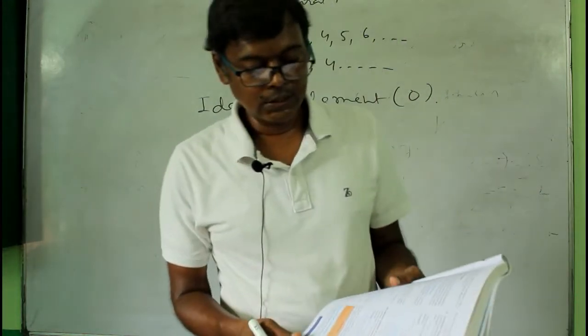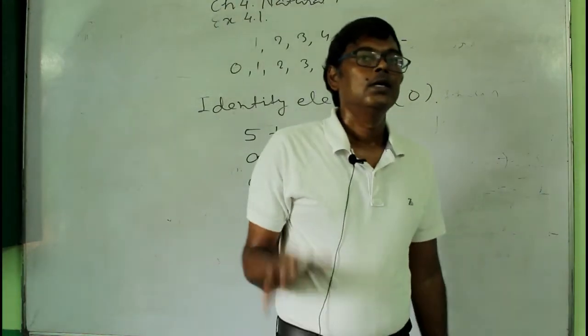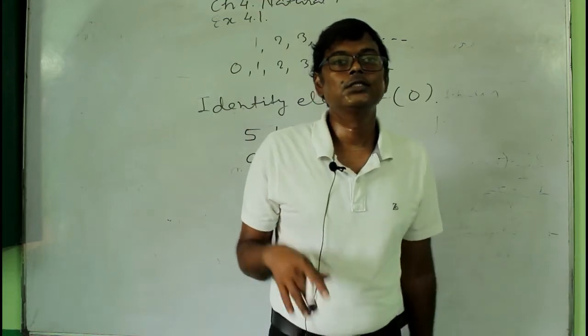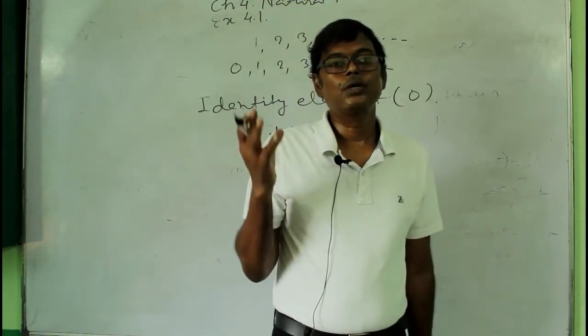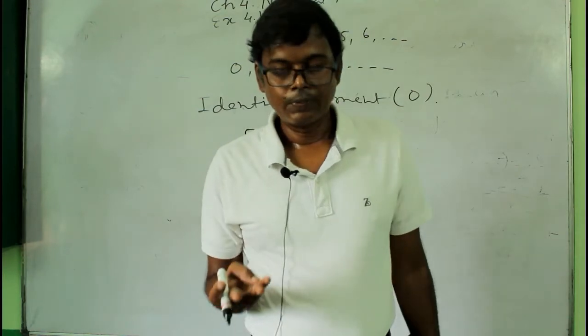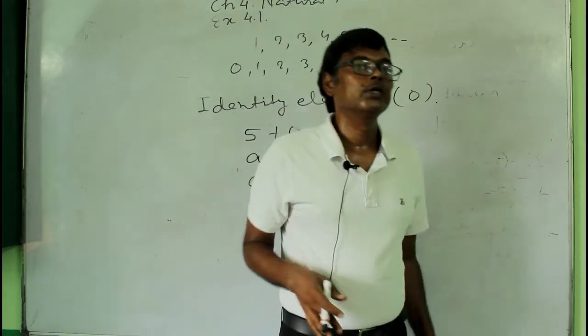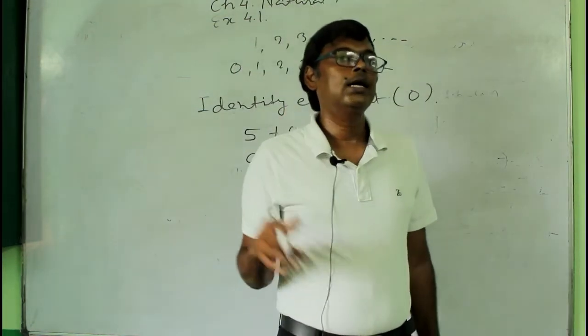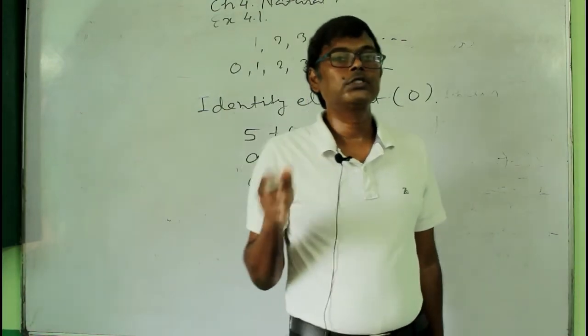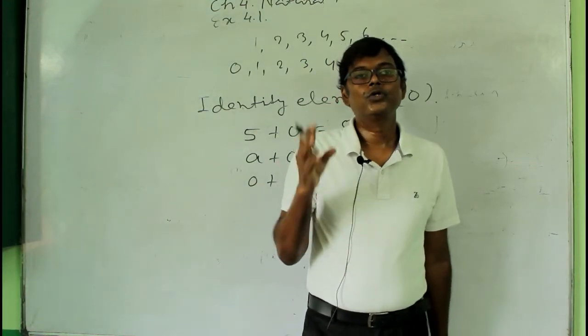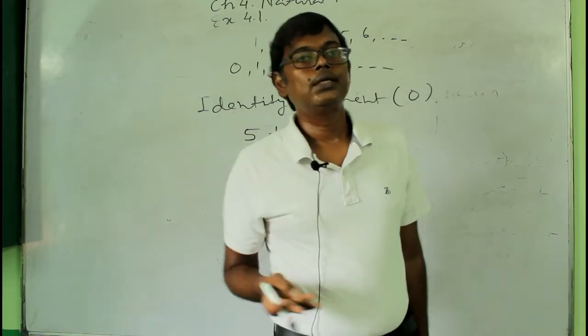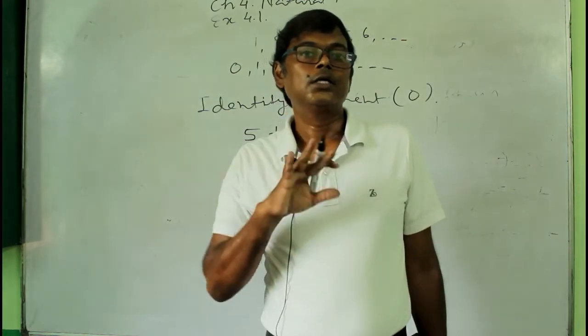And next is the properties of subtraction. Now you remember that there is no point in discussing the closure property, associative property, etc. in case of the subtraction and the division, because closure property, commutative property, and associative property do not hold good.